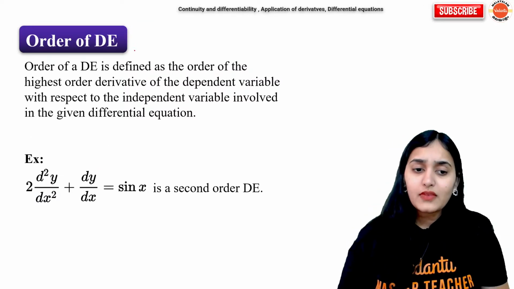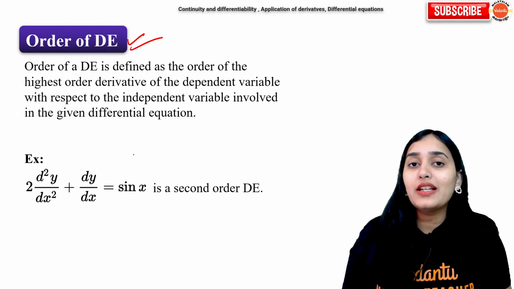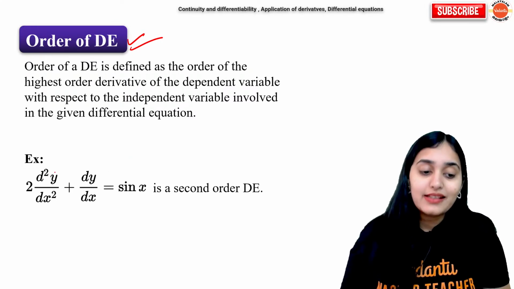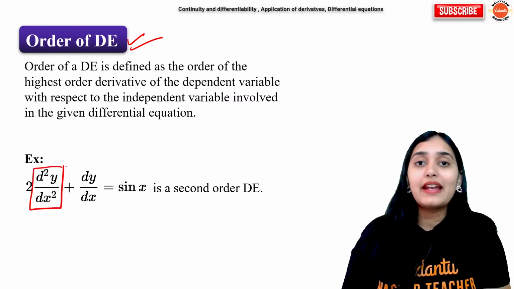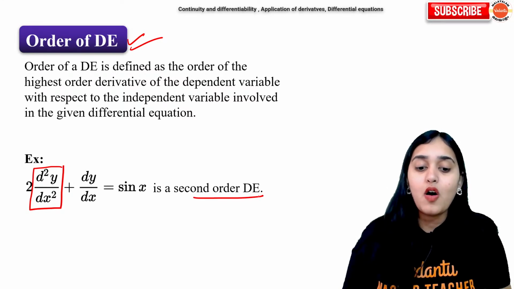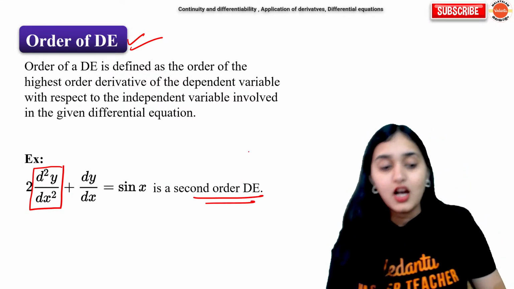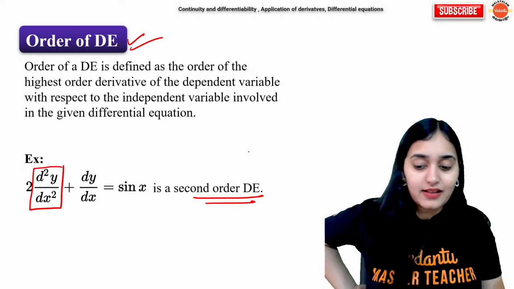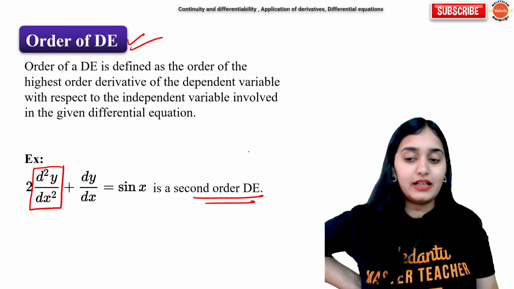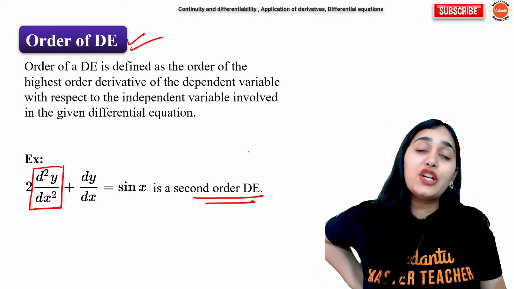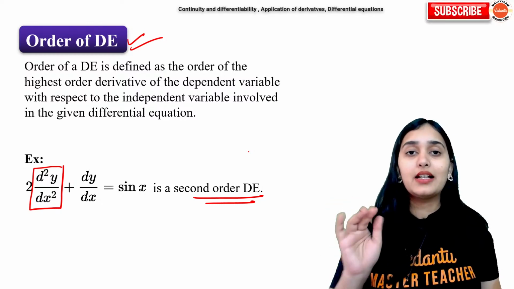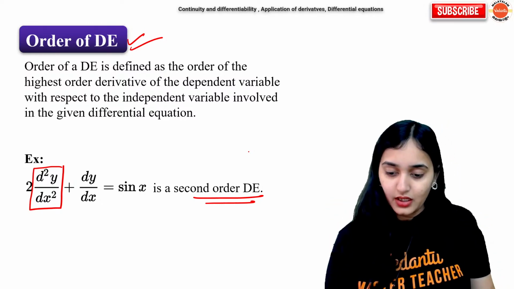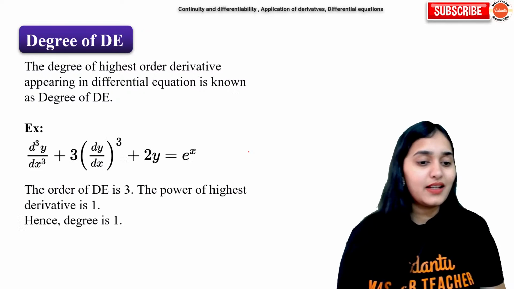Now, what is the order of a differential equation? Order means the highest order derivative present becomes the order of the differential equation. So if d square y by dx square is present, it is a second order differential equation. If d cube y by dx cube is present, it is third order. Is this enough? Yes, Albin, it is enough.